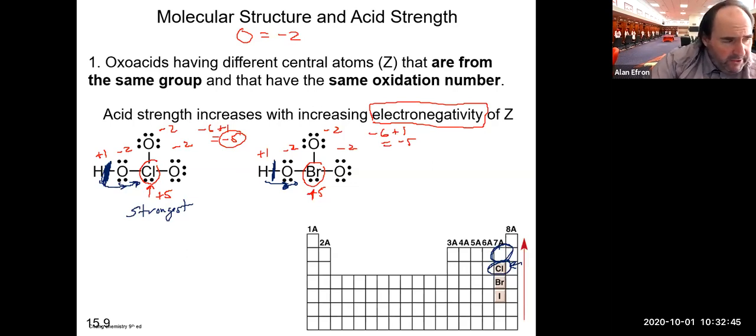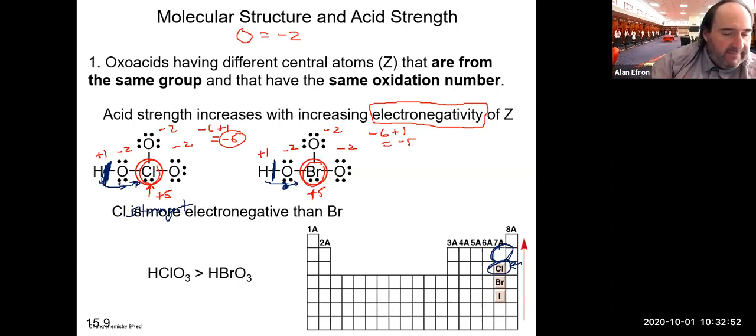So when you're dealing with acids that contain oxygen, you want to look at the electronegativity of the central atom if they have the same oxidation number, and the one with the higher electronegativity will be the stronger acid, because ultimately it will weaken that OH bond a lot more and make it easier for that H+ to come off. And again, the easier that H+ can come off, the more able it is to produce H+ and be considered a stronger acid. Any questions on that there?